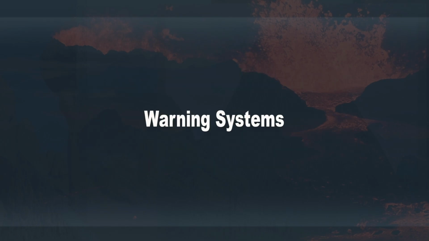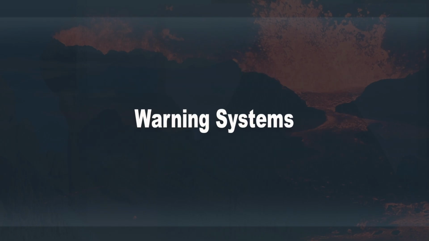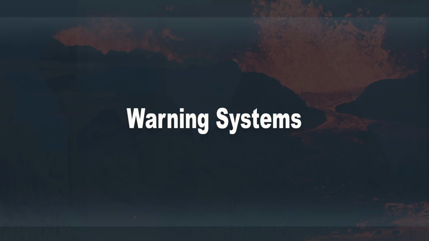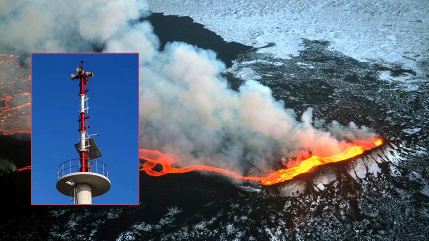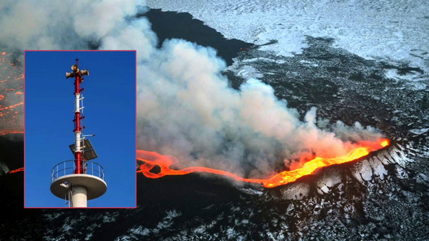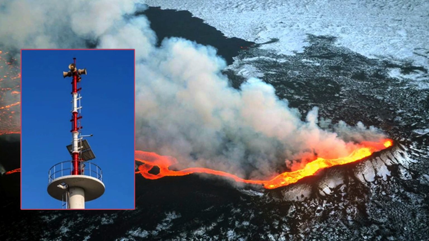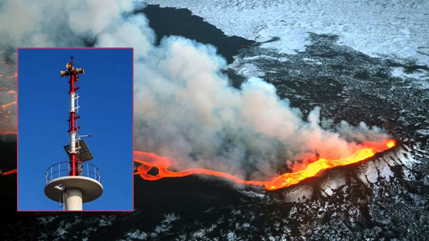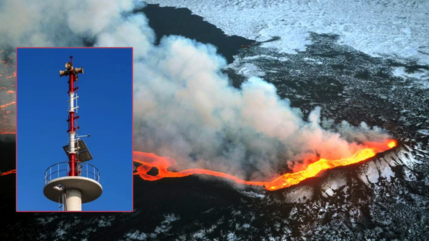Next, warning systems. When unusual volcanic activity is detected, it is crucial to issue timely, accurate and clear warnings to disaster management authorities and the public. However, warnings must be carefully handled.